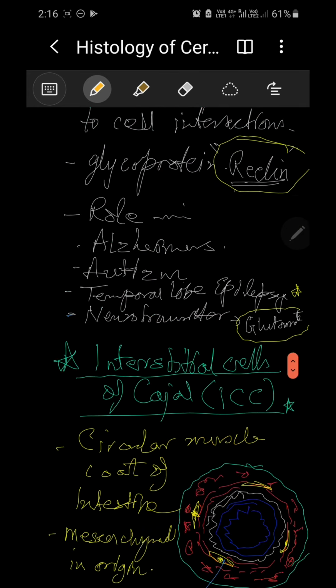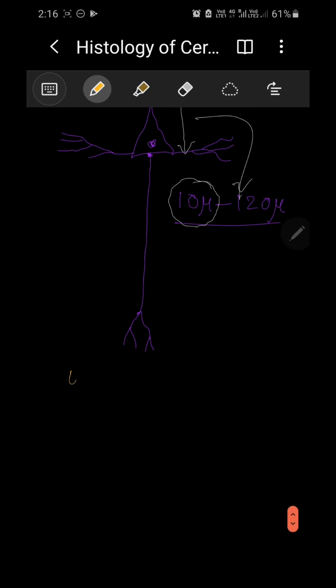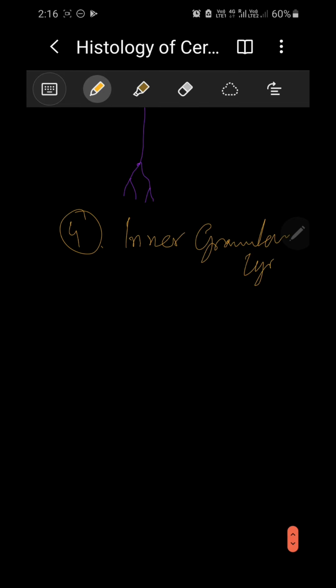Now the layer we're discussing is, yes, the fourth layer, and this one is inner granular layer. Inner granular layer, again the cells will be stellate and they will have radiating out dendrites.